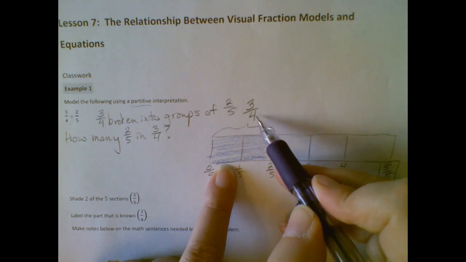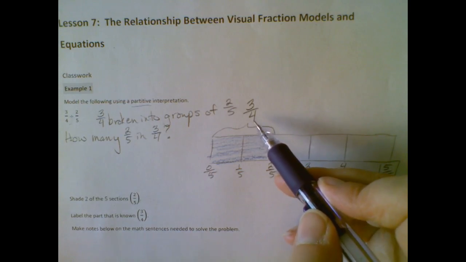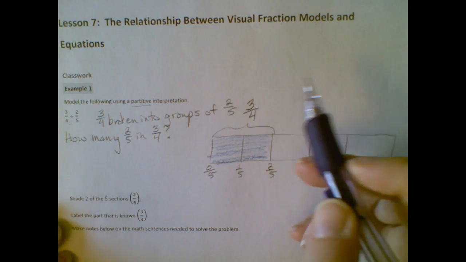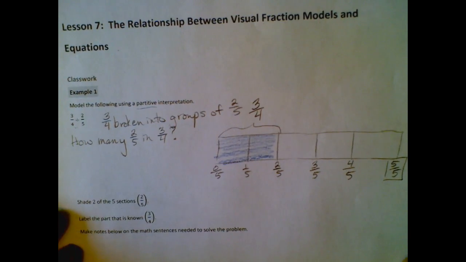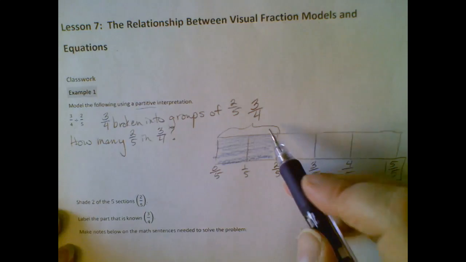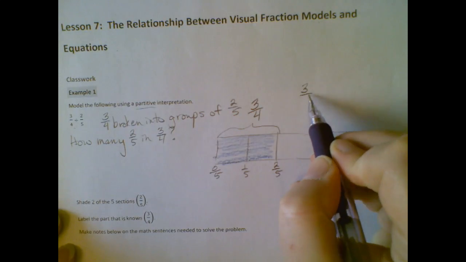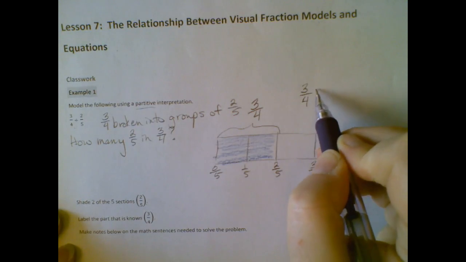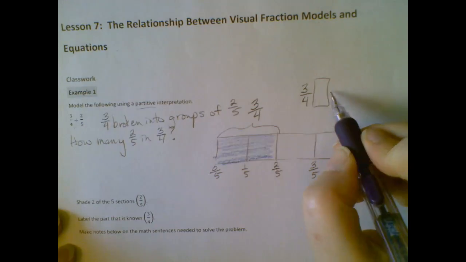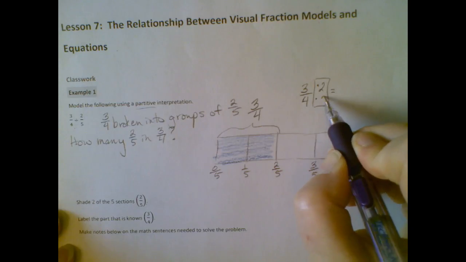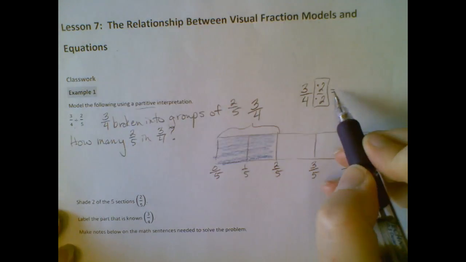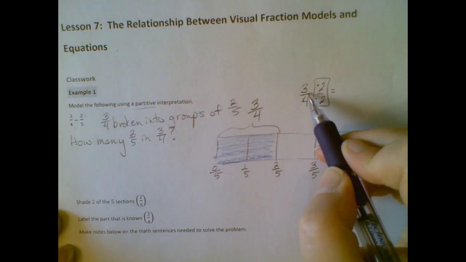That's difficult when it's in fourths and I only have 3 of them. So what I'm going to do is find half of 3/4 by renaming 3/4. If I multiply 3/4 by a giant one of 2, I can work with it easier.